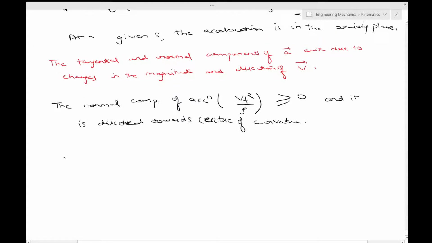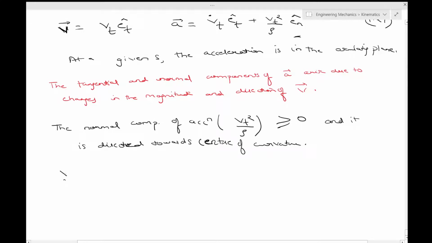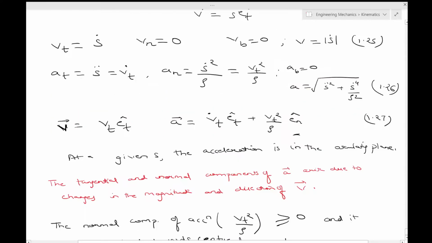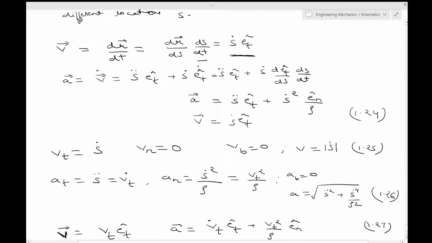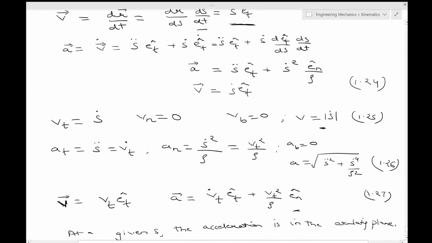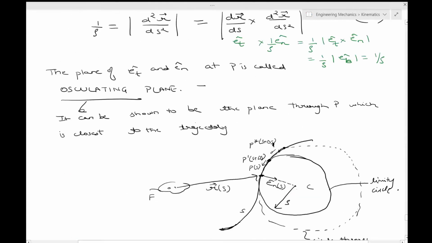Now if you look at Vt equal to S dot. This equals the magnitude of V if S dot is greater than or equal to 0, and this equals minus V if S dot is smaller than 0.